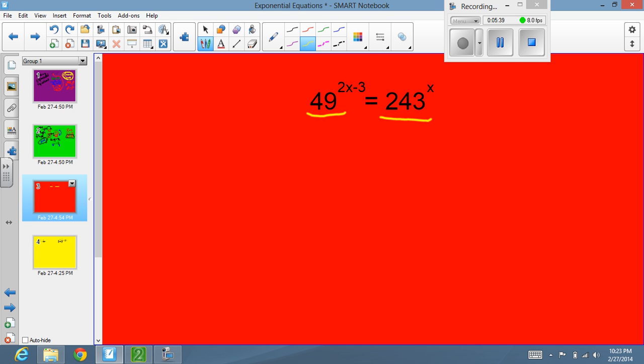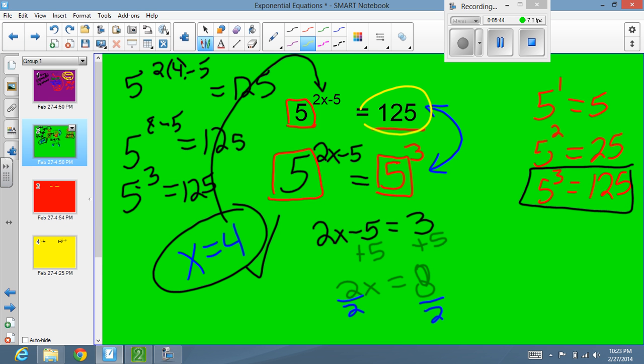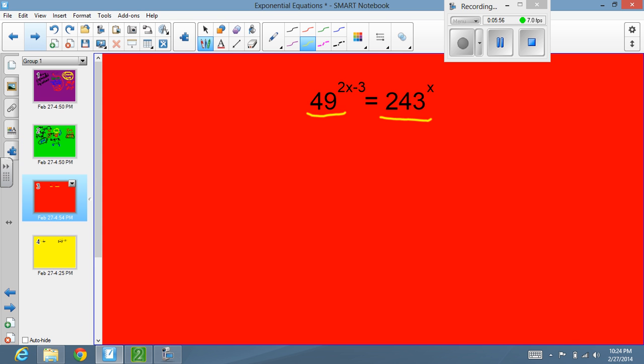In the previous example, I said, okay, this 125, what number raised to a power could give me 125? So in this case, I'm looking at 49 and 243. Well, if I think about 49, I know 49 is 7 squared.